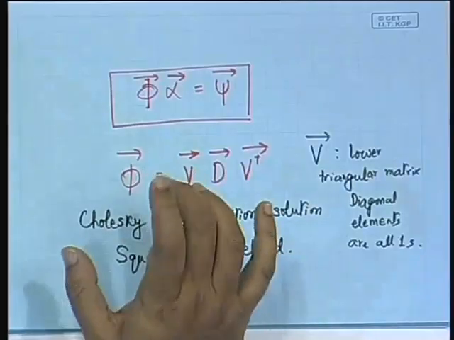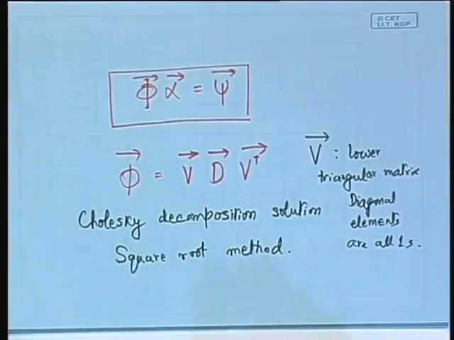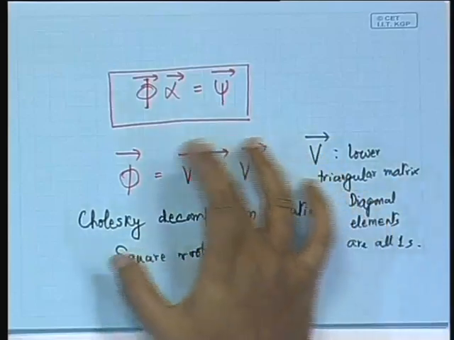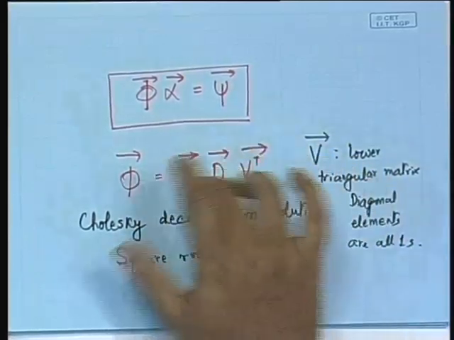To solve for the V matrix and D matrix elements, the approach that we will take is to equate the ijth element of this phi matrix with the ijth element of this product matrix.